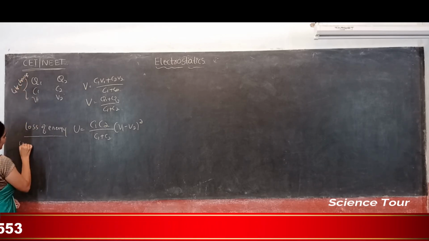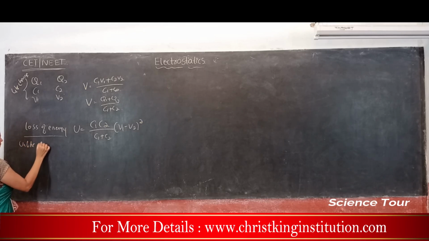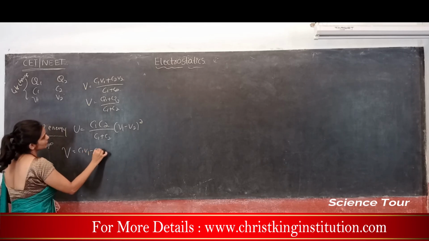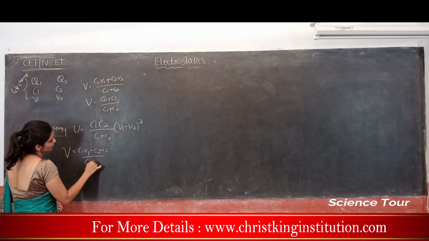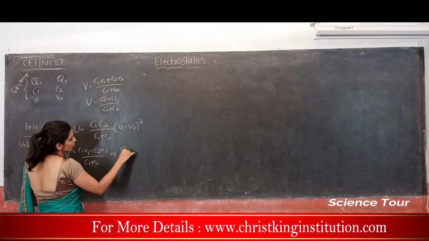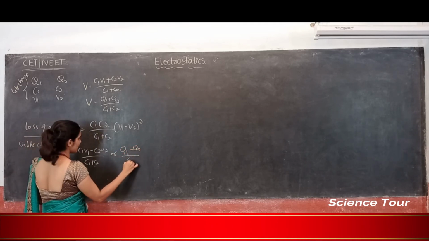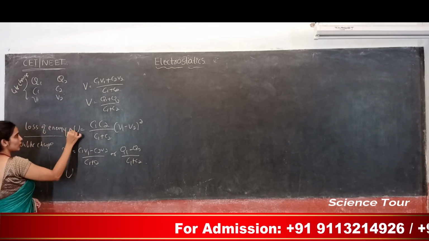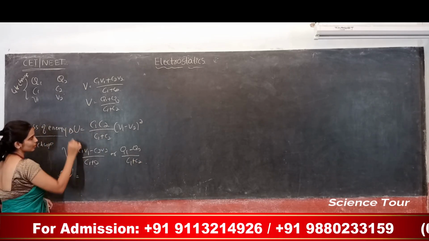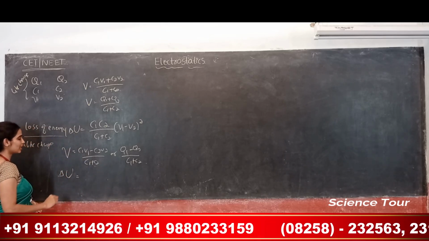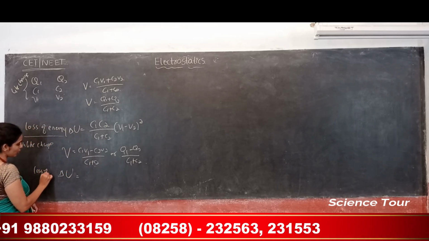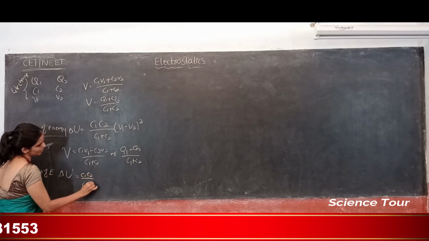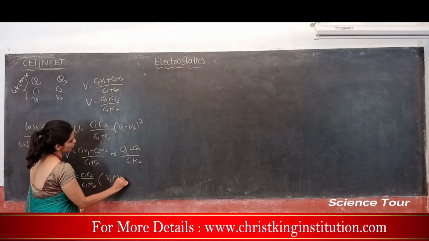If it is unlike charge, then their common potential would have been C1 V1 minus C2 V2 by C1 plus C2, or Q1 minus Q2 divided by C1 plus C2, and the loss of energy delta U would have been C1 C2 by C1 plus C2 into V1 plus V2 whole square.